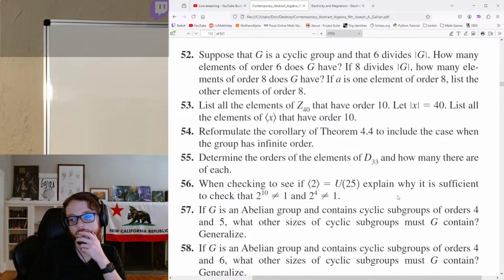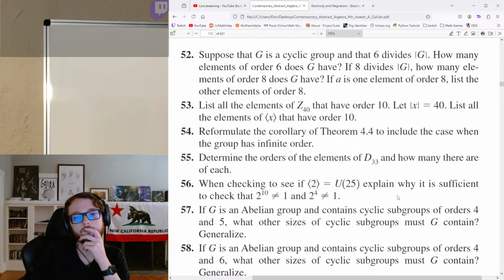All right, let's take a look at 53. It's all the elements of Z40 that have order 10. 10, 20, 30? No. 4. And I think all of its multiples. Maybe not all of its multiples. Should check that, right?